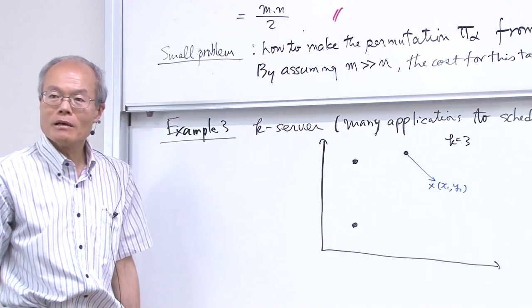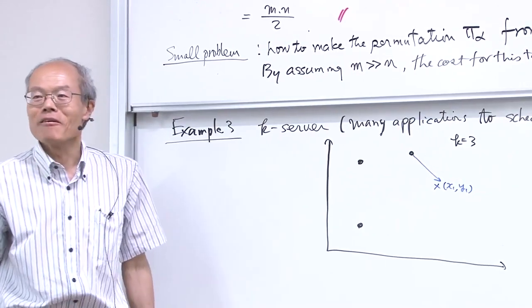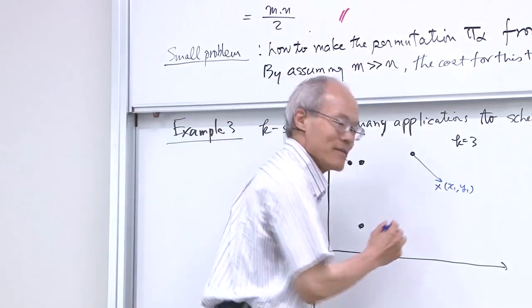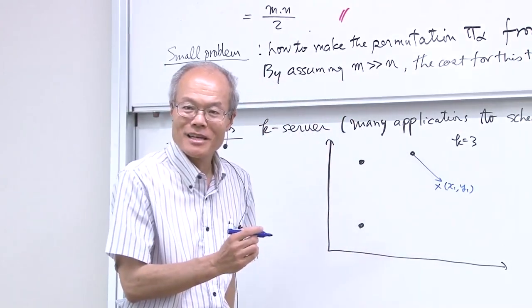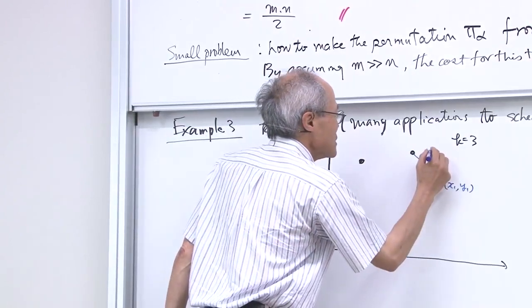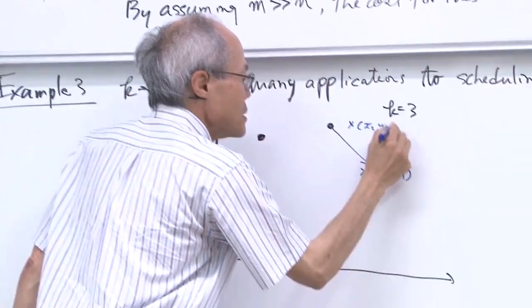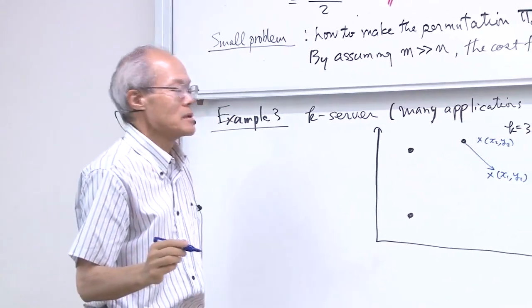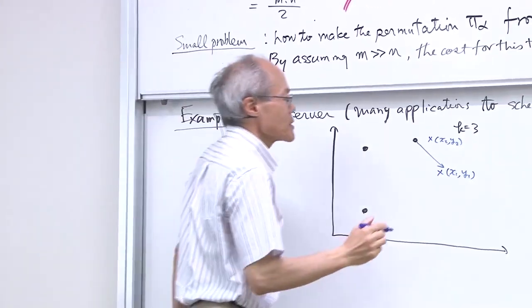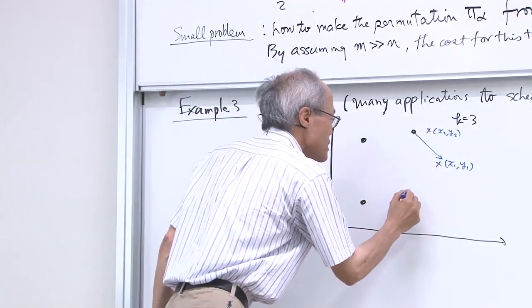Why is it important? Because you don't know, of course, we have a next request. For example, here. And again, you have to move some server to the requested point, and then the next request.